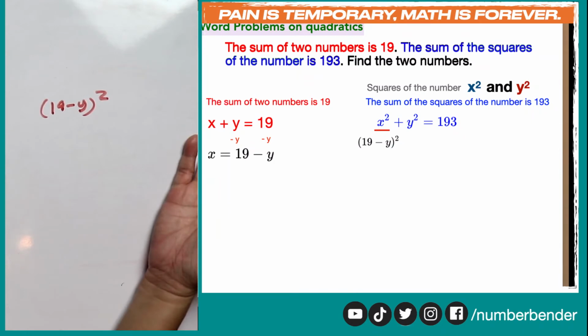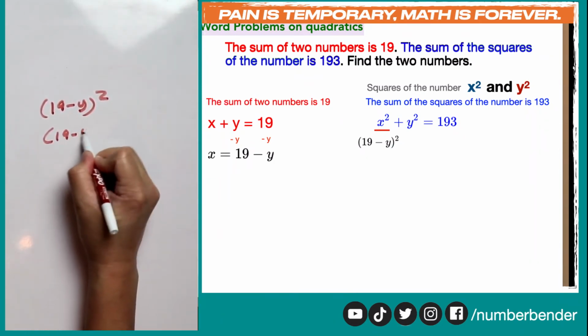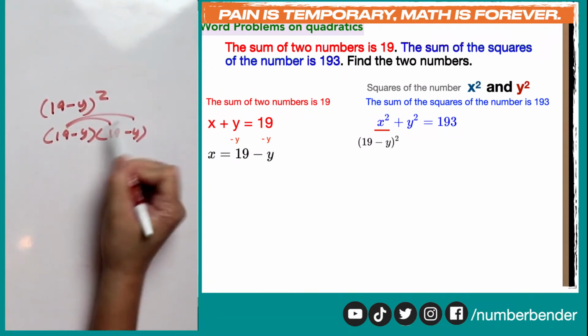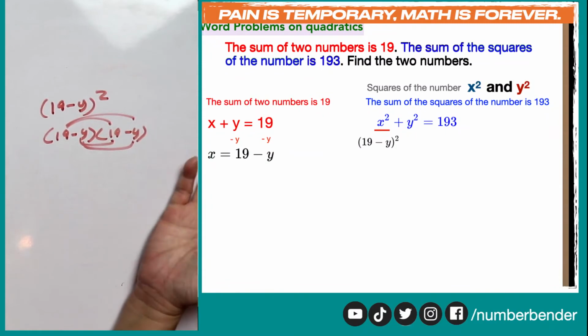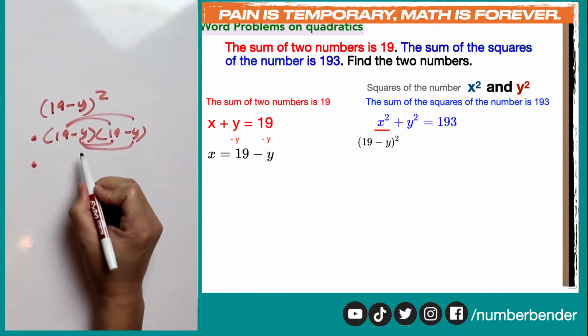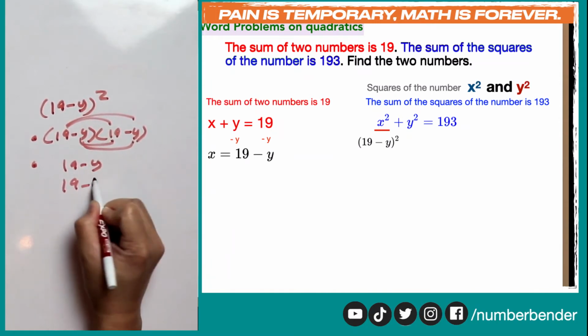So there are two ways to do this. You can do it horizontally, 19 minus y times 19 minus y. Multiply, multiply, multiply, multiply. Or you can also do it vertically, which is what I'm used to doing. So I have 19 minus y times 19 minus y.